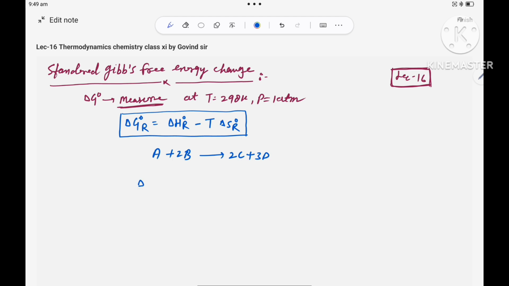So what is the standard Gibbs free energy for that? Delta G naught for product minus standard Gibbs free energy change for reactant. That formula we will use.